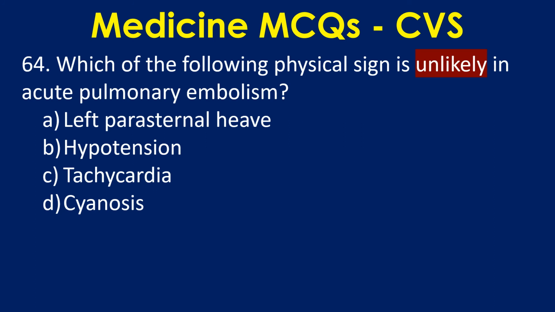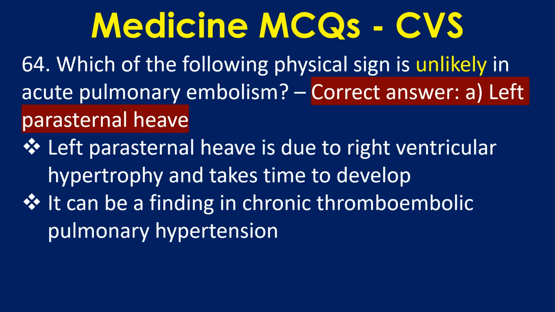Which of the following physical sign is unlikely in acute pulmonary embolism? A. Left parasternal heave, B. Hypotension, C. Tachycardia, D. Cyanosis. Correct answer A. Left parasternal heave. Left parasternal heave is due to right ventricular hypertrophy and takes time to develop.